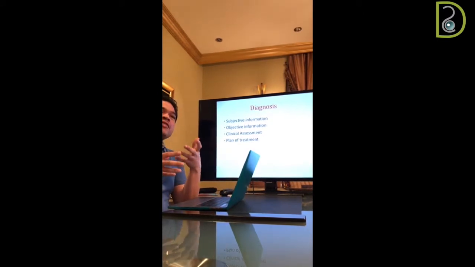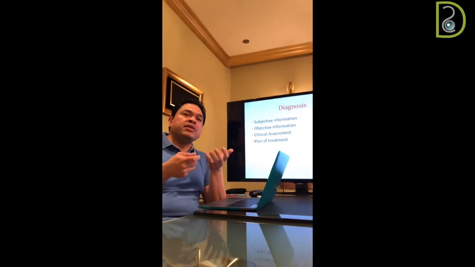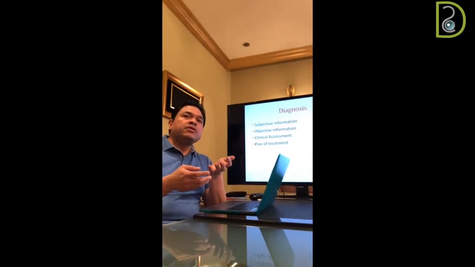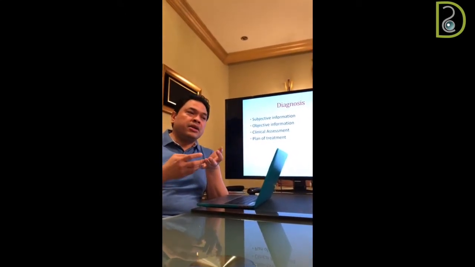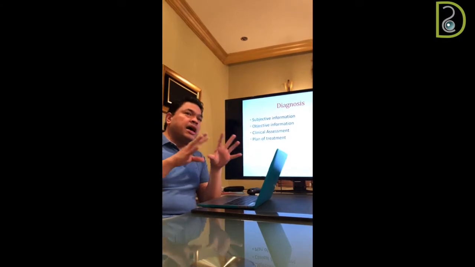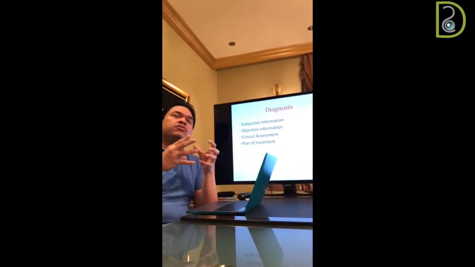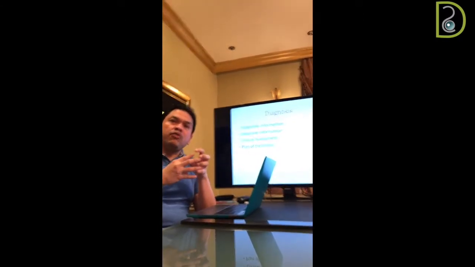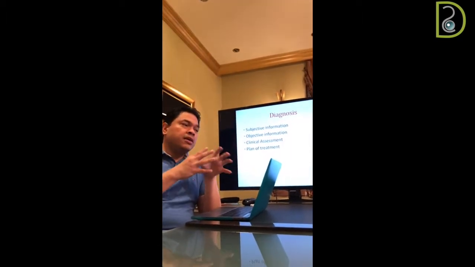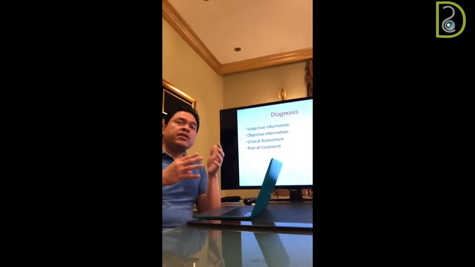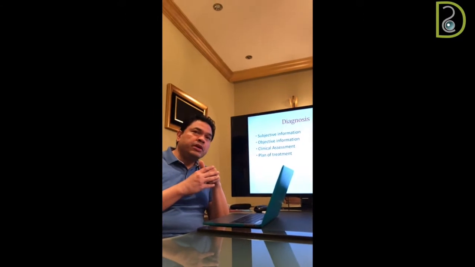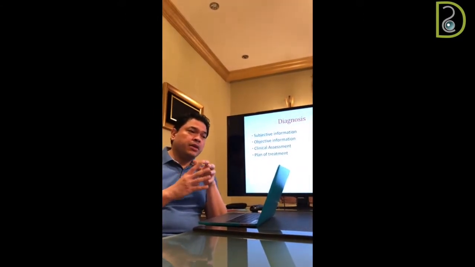Then we have assessments, using tools that aid you to reach a correct diagnosis, either by a pulp test or an apical test. Then we collect all of this together and reach our plan of treatment. What are our steps or plan for this case?